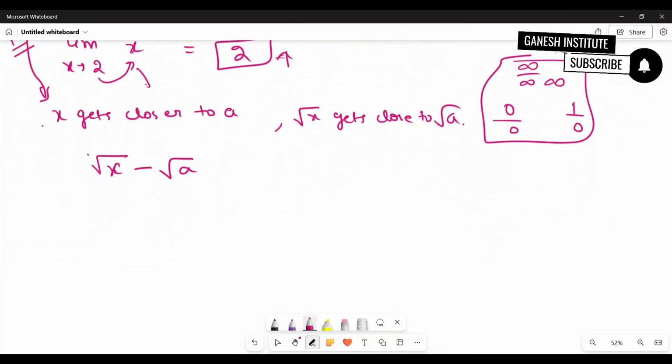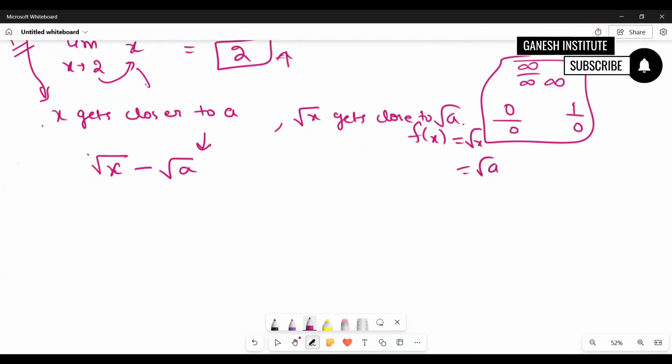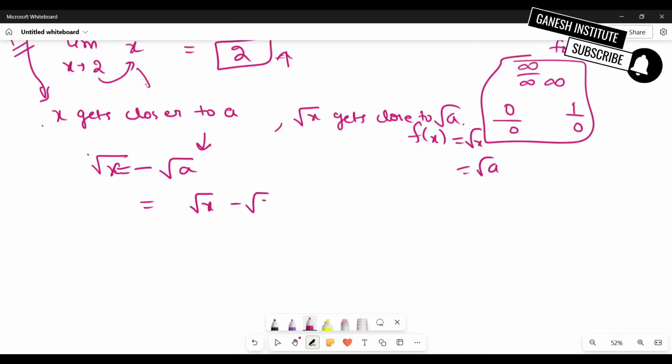So for that, I have taken both of the functions, f(x) as root x and root a. I'm trying to build a relation that yes, this root a is very small. How? Let's take the conjugate. This is root x minus root a.